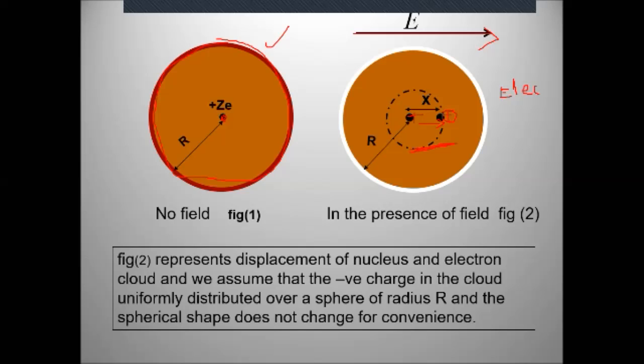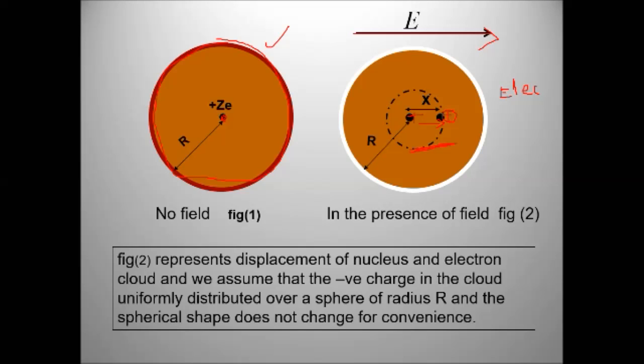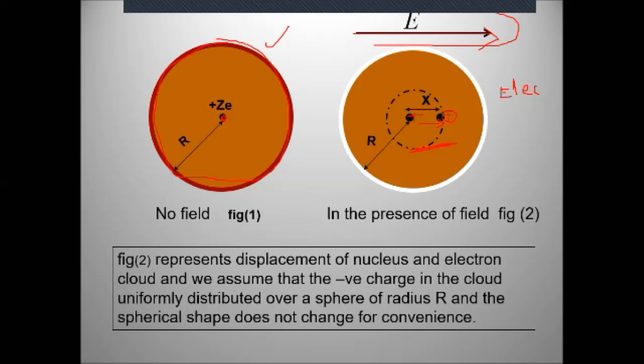Now you can say, what is the Lorentz force here? The Lorentz force is the summation of electric force and magnetic force. Is there any magnetic force? No. There is only electric force, because there is no magnetic field, so there is no magnetic force.